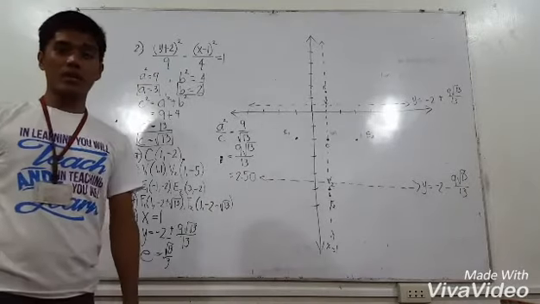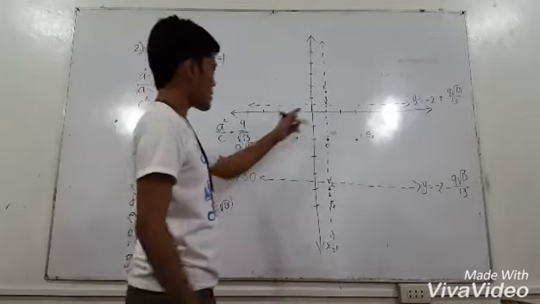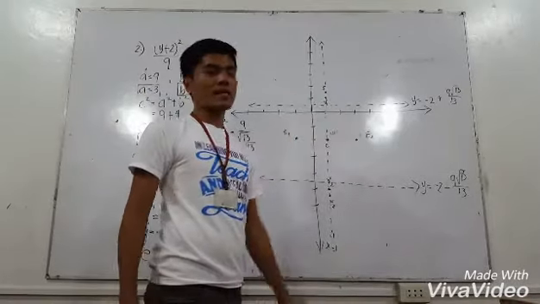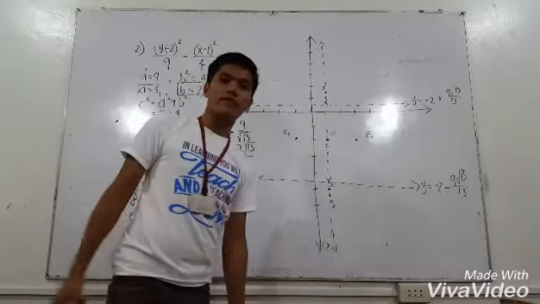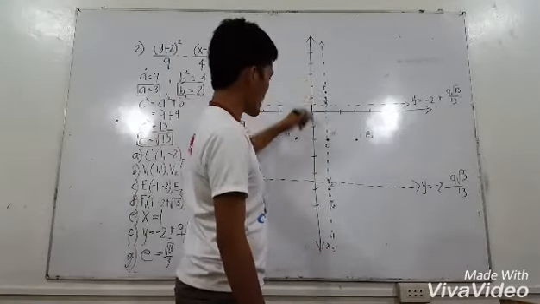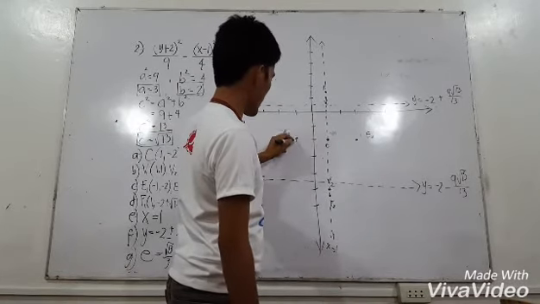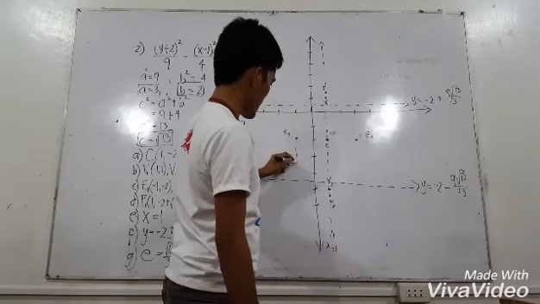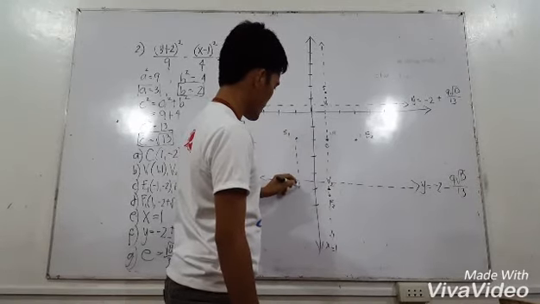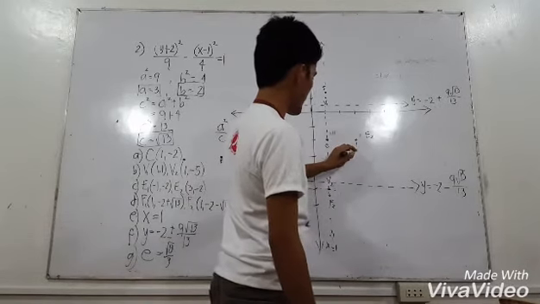What we will do is the auxiliary rectangle. So again, we make a rectangle, class, passing through V1, V2, E1, and E2. So we have here V1, V2, E1, E2. So we draw the rectangle. And this, and this one.